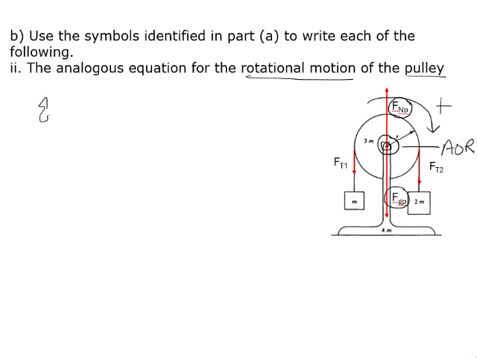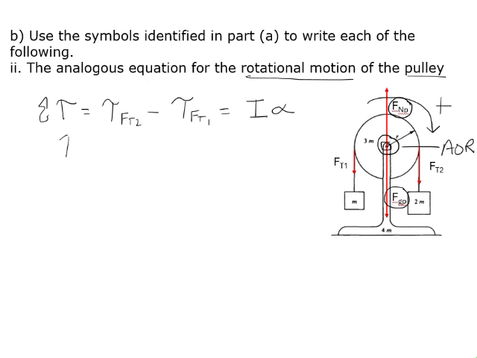That leaves us with just the tension forces. So our torque is going to be coming from the tension force 2 minus the torque associated with tension force 1. And that's going to be equal to the rotational inertia times the angular acceleration.